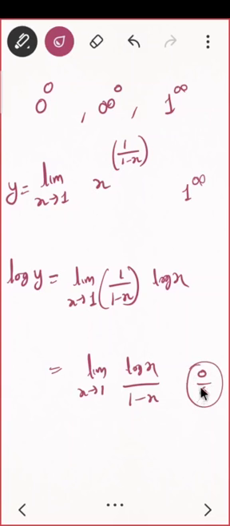If it is 0 by 0 form, can I use my L'Hopital Rule? Yes, definitely. So this is limit extending to 1. What is the derivative of log x? It is 1 upon x. So I am having 1 upon x and minus 1, so I will be having minus 1 upon x, and the answer will be minus 1. But this is the value of log y. I'll write it here: log y equal to minus 1.